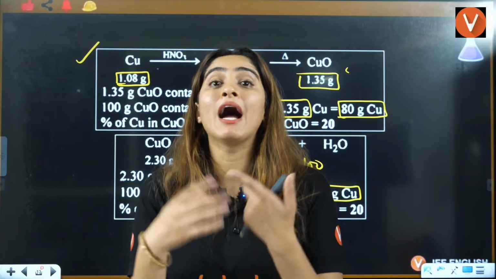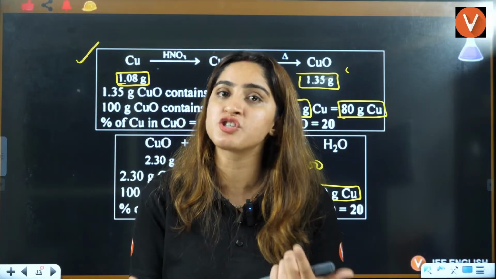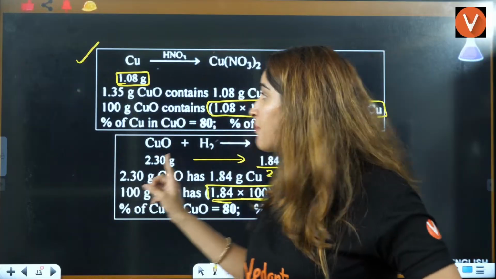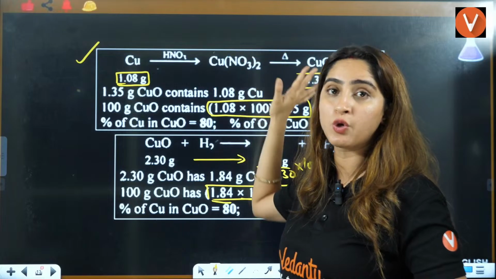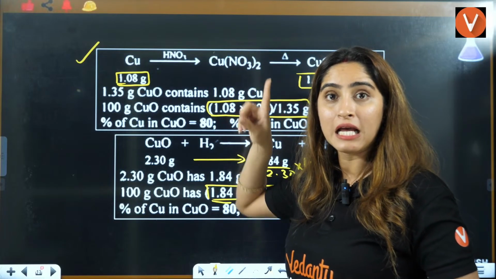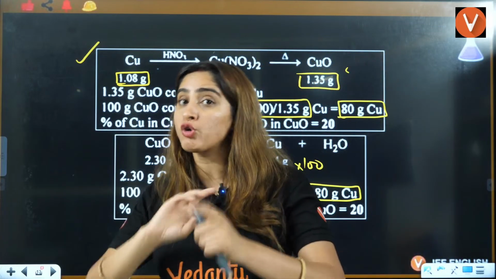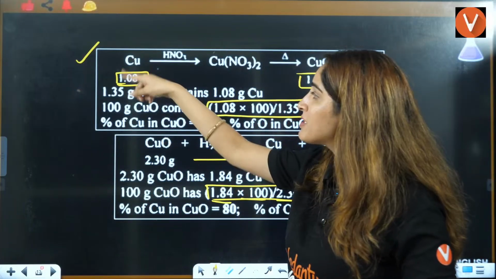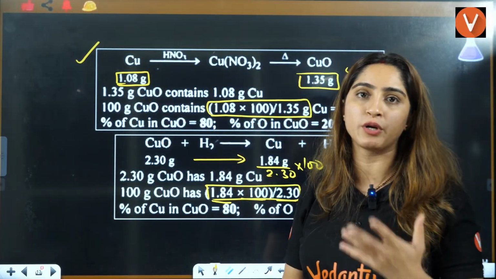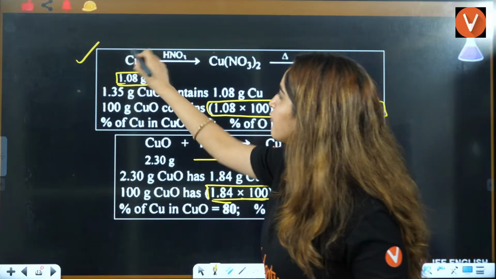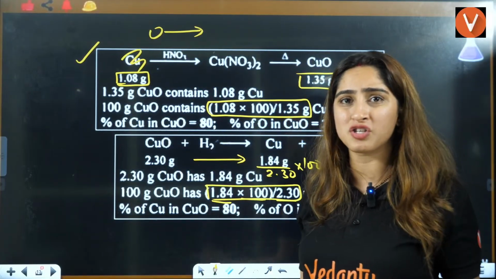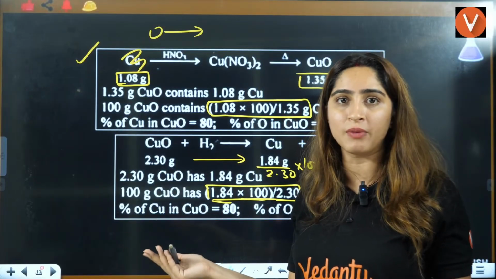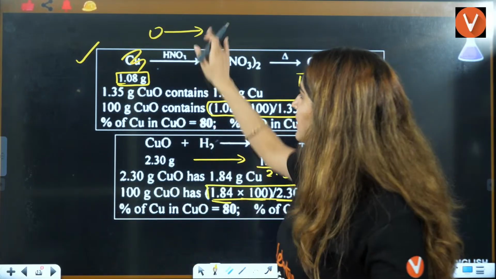Ma'am, why are we not seeing the oxygen here? Because they have given us the information about copper and CuO. So if the information about copper is given, I'll see how much copper it is producing. If the information about oxygen is given to you, I'll see how much oxygen it is giving. Is the oxygen the same here? Then I'll talk about that thing, right?